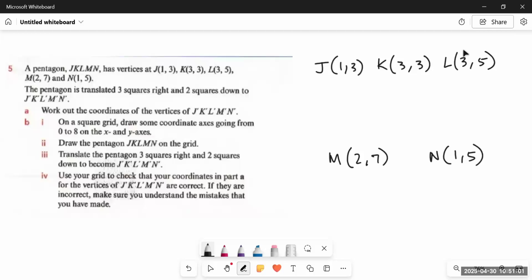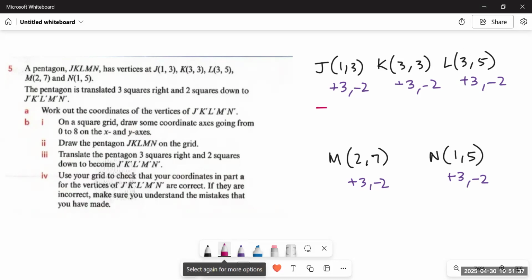The pentagon is translated 3 squares right and 2 squares down. So let us first find the coordinates of the translated figure by adding 3 to the x coordinate in each of them, and 2 squares down means minus 2 from the y coordinate.